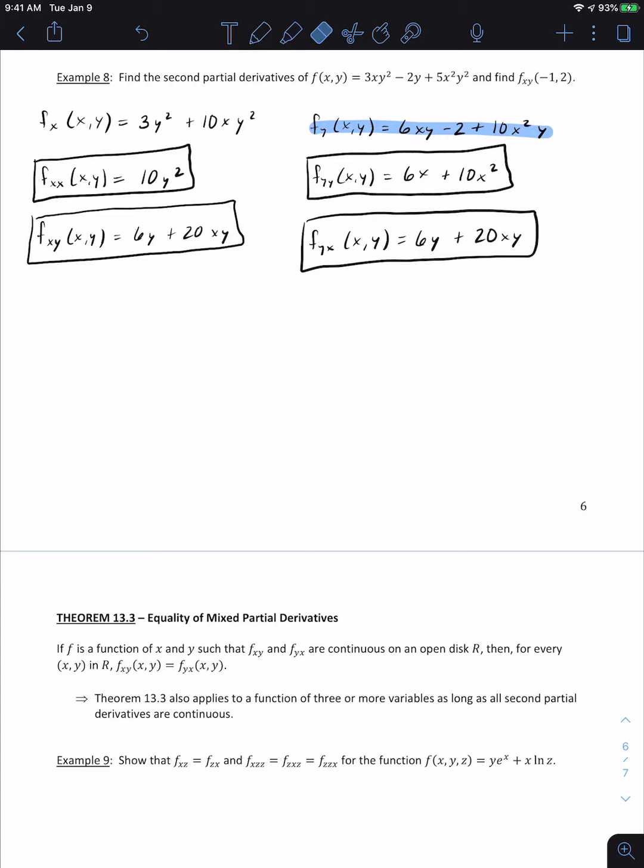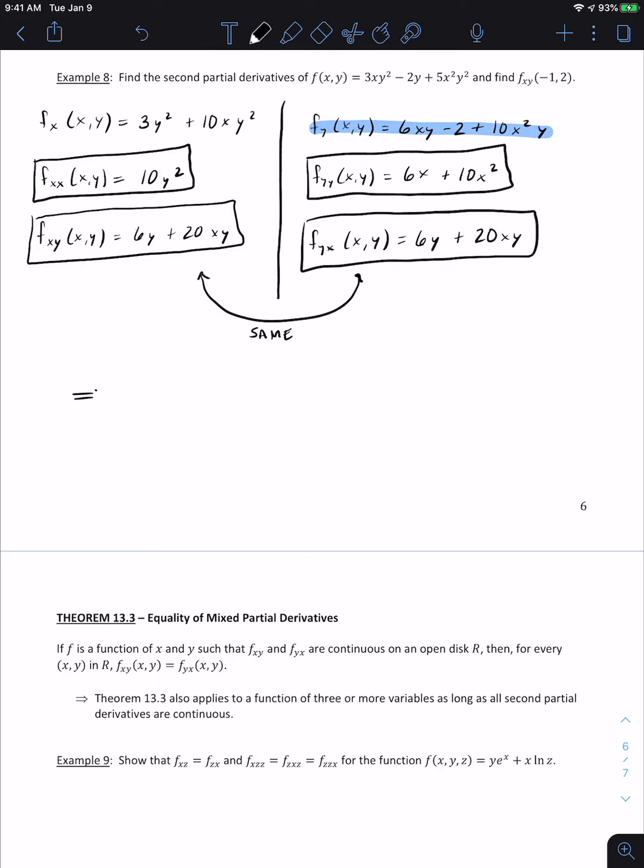And you should notice something. I'm going to cross out that bar and do maybe a smaller vertical bar. What do you notice? You notice that my f sub xy and my f sub yx are the exact same thing. And that will always happen. That's the next theorem, theorem 13.3.